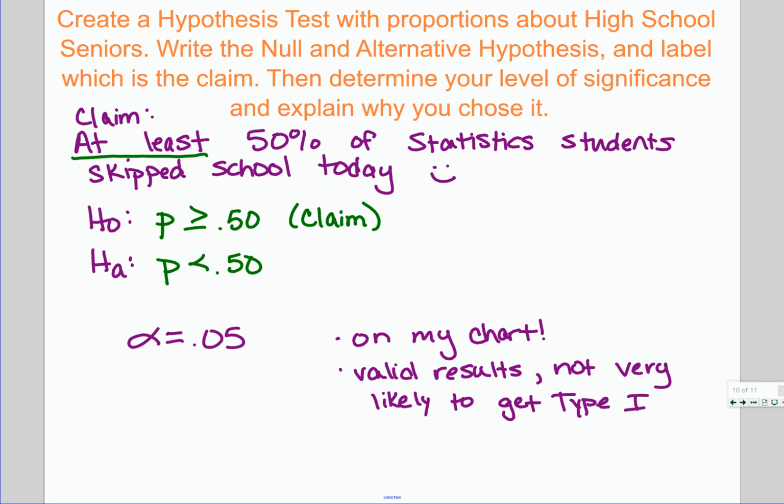It's not saying that they won't happen, but it's not extremely likely. But when we get those smaller or those bigger percentages, we could reject something that's true or not reject something that isn't true, and that could be bad. Okay. But that's personal preference. There's not like a wrong answer to that. You've seen problems where we use 0.01 and 0.1. It's fine. You just kind of take a risk when you go that route.